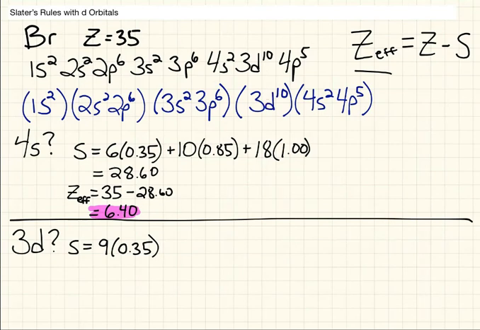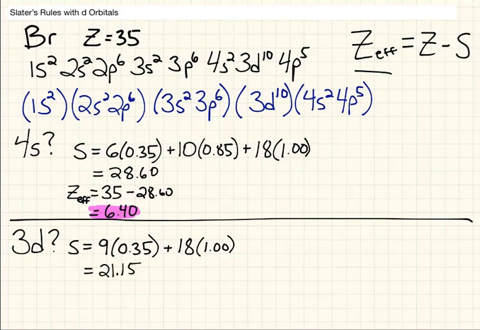So that means I don't just have these 8, I actually have all 18. All of these electrons I'm going to consider as having that perfect 1.0 shielding factor. So I don't do the 0.85, and that's the key difference here. Now, adding those together, 9 times 0.35 plus 18 should give you 21.15.